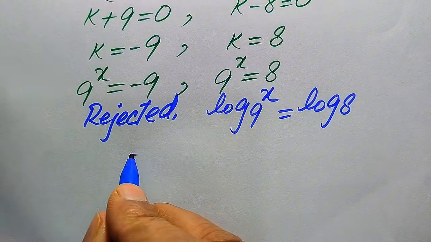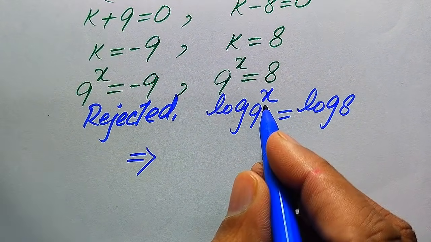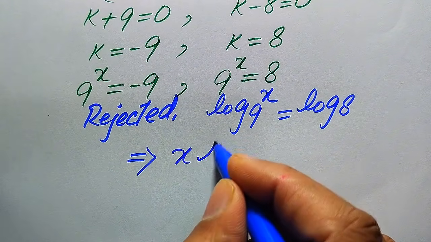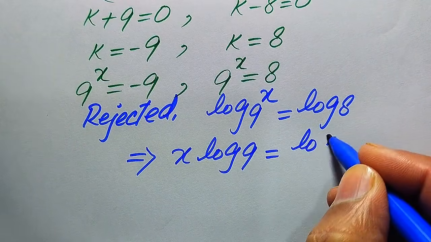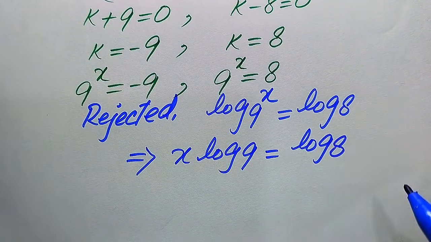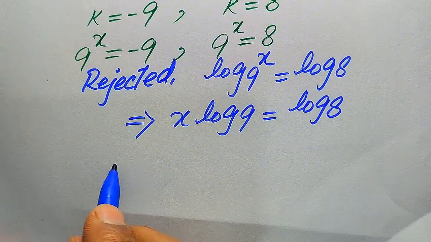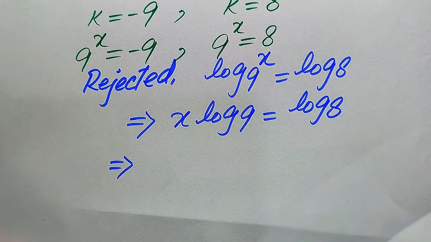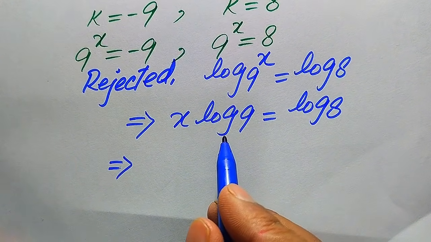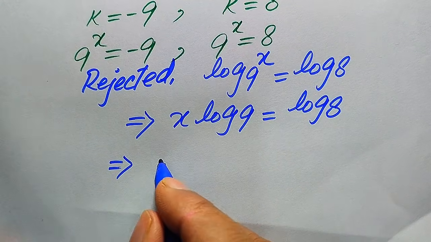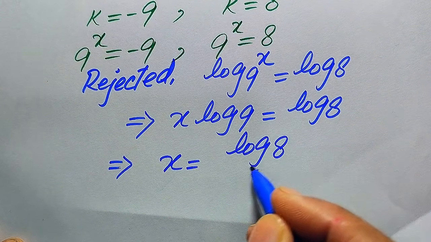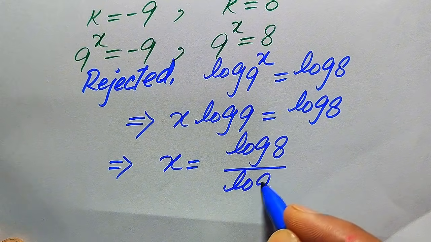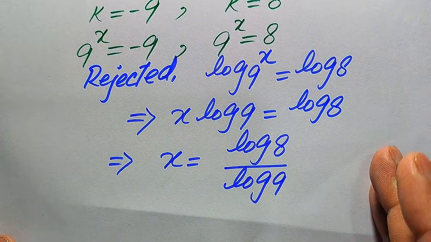So here we use the property of log and we move this x in front of this log, and it becomes x times log 9 is equal to log of 8. So here further in the next step we move this log 9 to the right hand side, so it will be written as x is equal to log of 8 divided by log of 9.